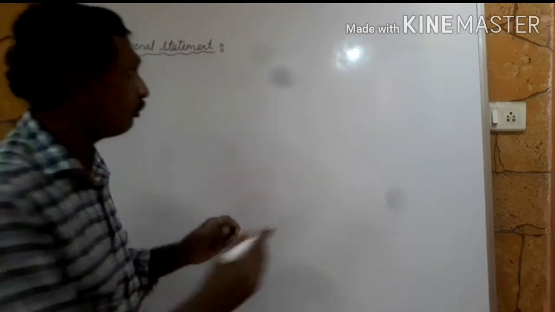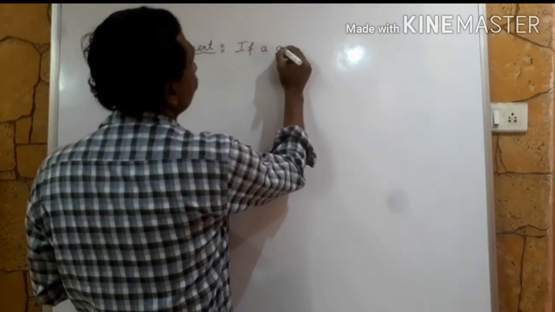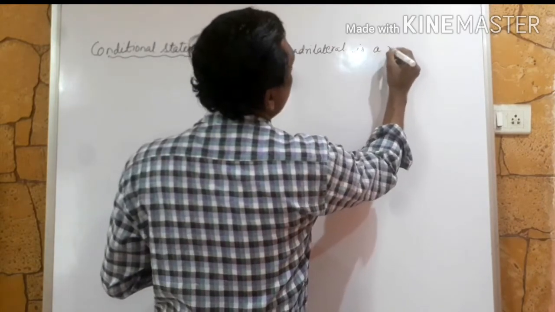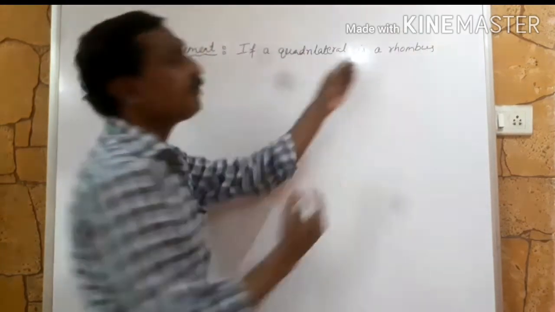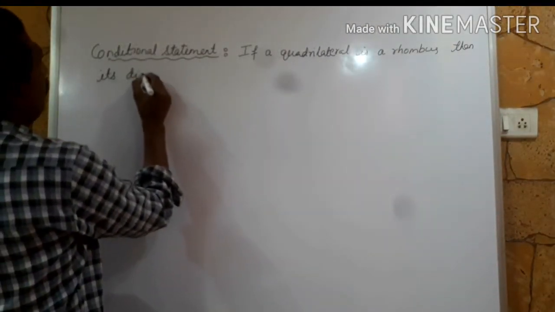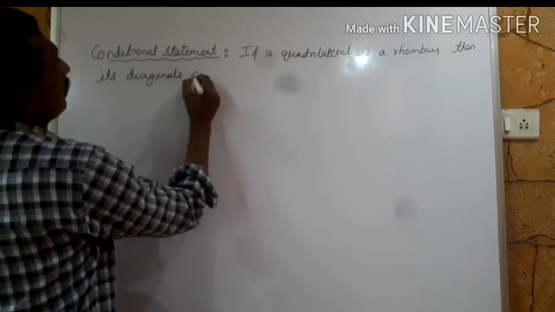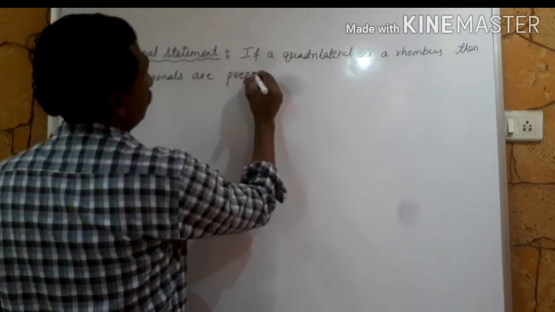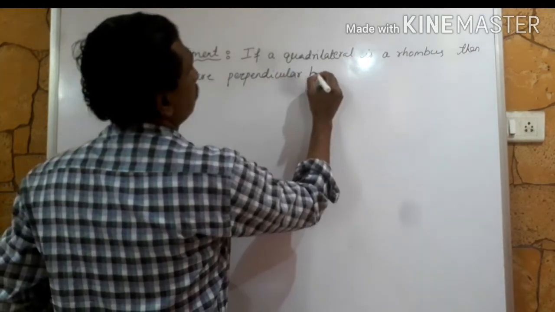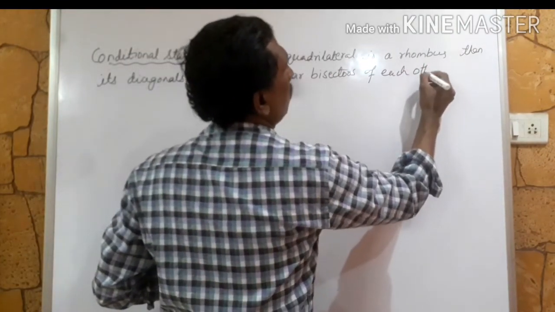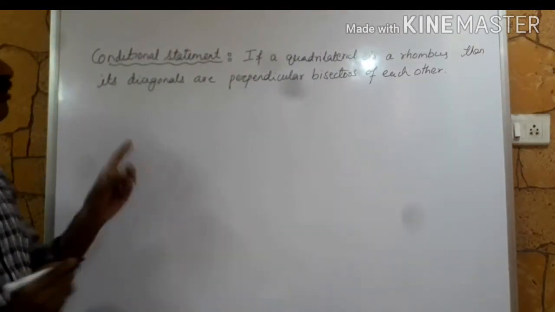If a quadrilateral is a rhombus, then its diagonals are perpendicular bisectors of each other.